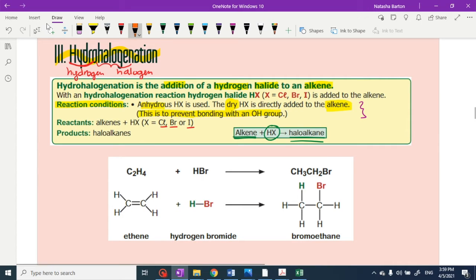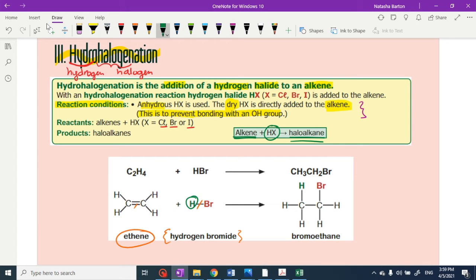So for example, we have ethene once again. The double bond is going to be broken. The bond between the hydrogen and the halogen, in this case we have hydrogen bromide, because it's hydrogen bonded to bromine, that's going to be broken.